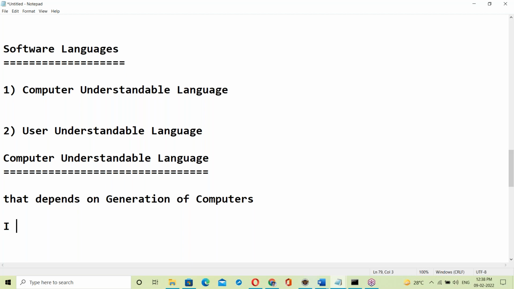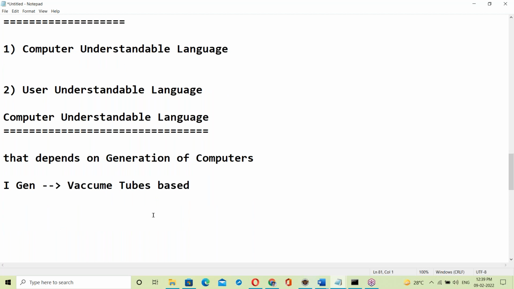First generation is vacuum tubes based. Second generation is transistor based. Third generation is IC based, meaning integrated circuits.